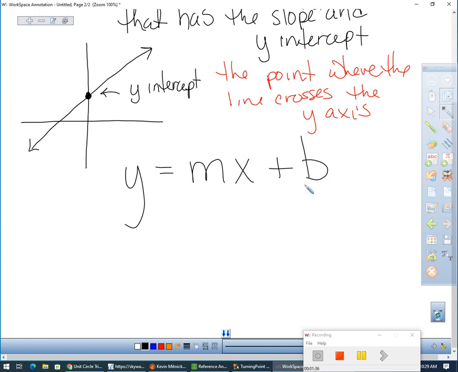This is slope-intercept form, where our m is our slope, and the b is where it crosses the y-axis, but it's going to be in a point. We're going to write the y-intercept as a point, (0, b).